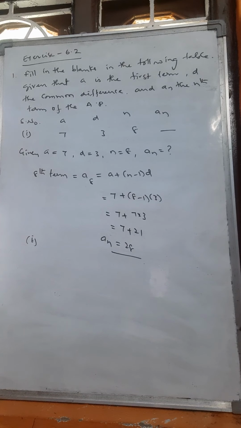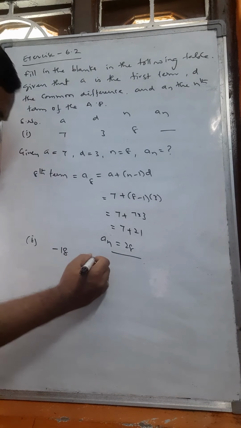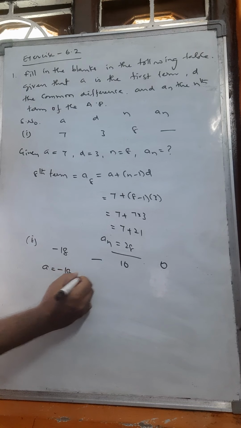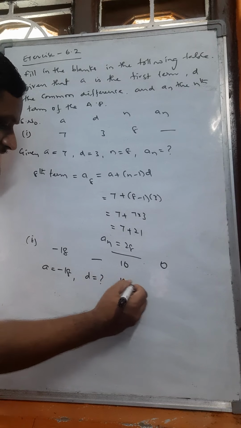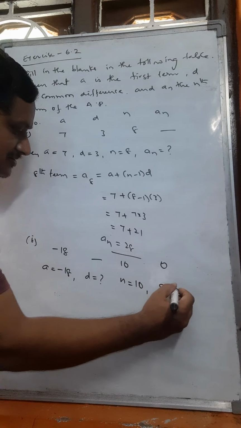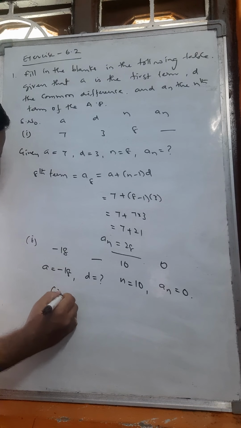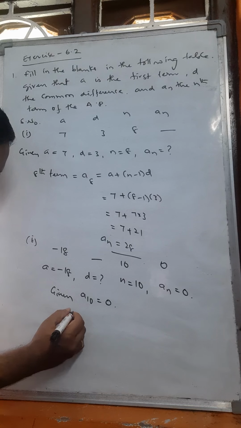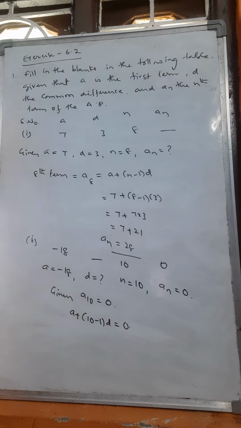What about the second one? Minus 18, dash, 10 and 0. That means A is equal to minus 18, D we don't know, N value is 10, AN is equal to 0. So A10 is equal to 0. A10 means A plus 10 minus 1 into D is equal to 0.